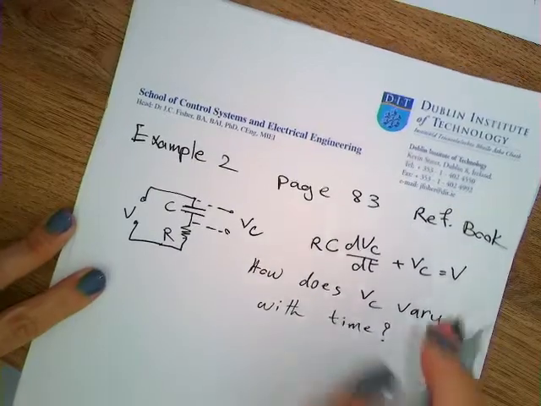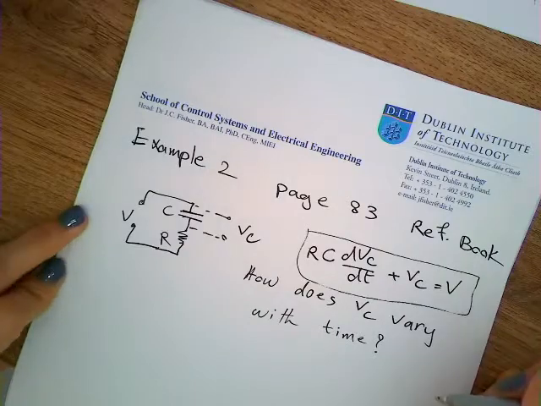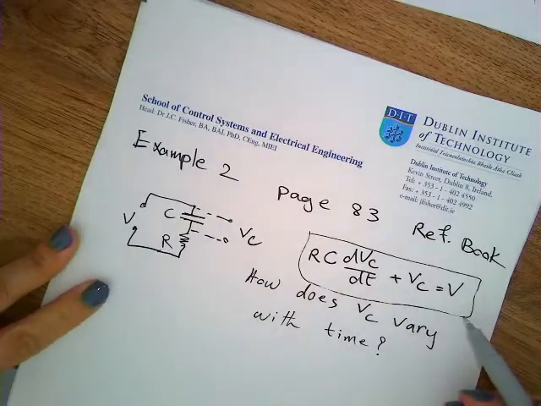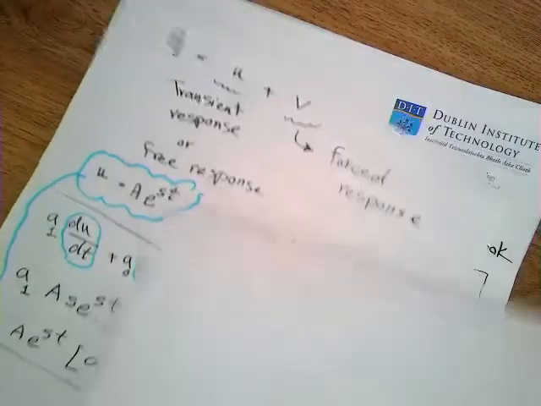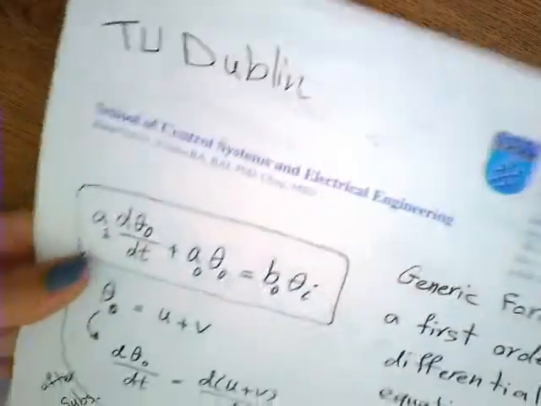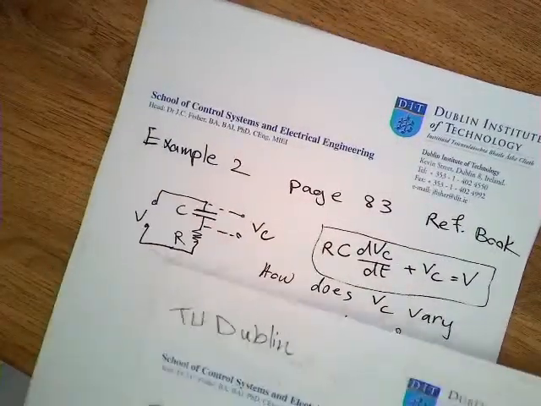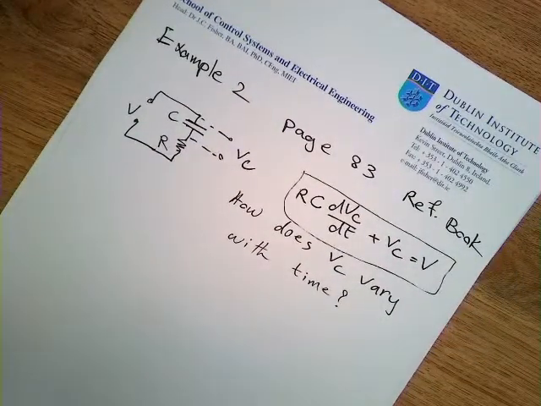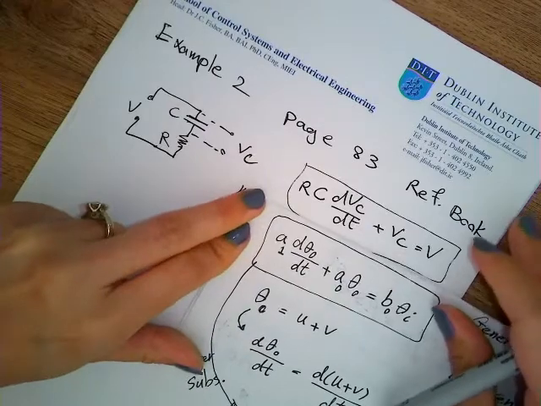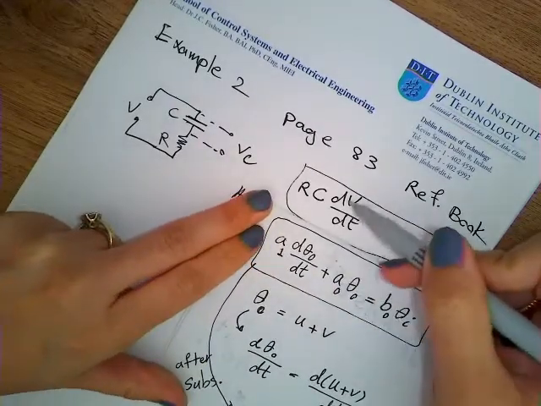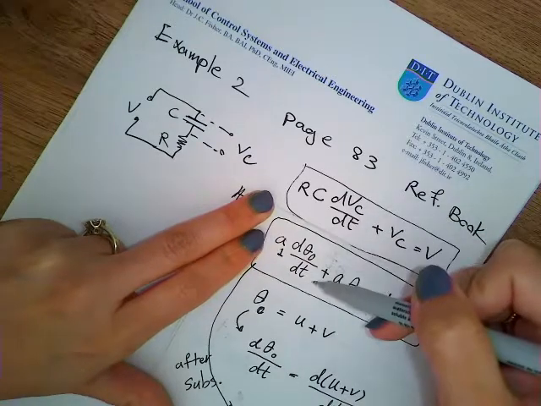Now, this is our differential equation that we want to solve. We're going to compare that with our generic form. This is the generic form. So if we compare, okay, I'm just putting them together. We have a first derivative, so we can say that it is first order for sure.